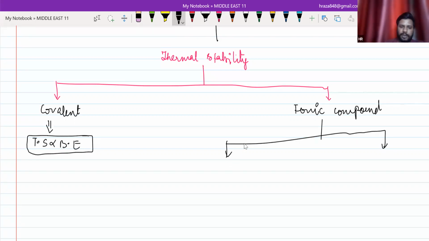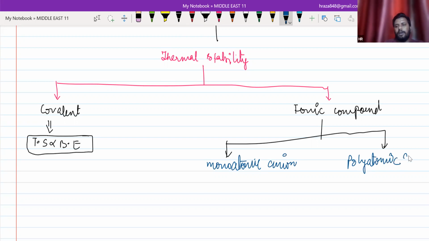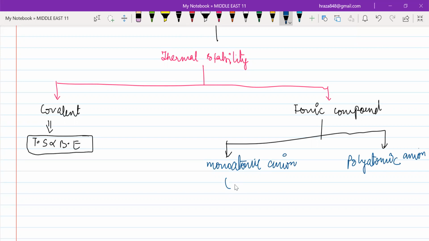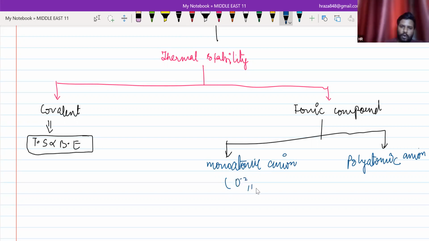The first part is if the ionic compound has a monoatomic anion. Since it is an ionic compound, it will have a cation as well as an anion. It is either a monoatomic anion or a polyatomic anion. Monoatomic means only one atom, like O minus 2, N minus 3, Cl minus or F minus.